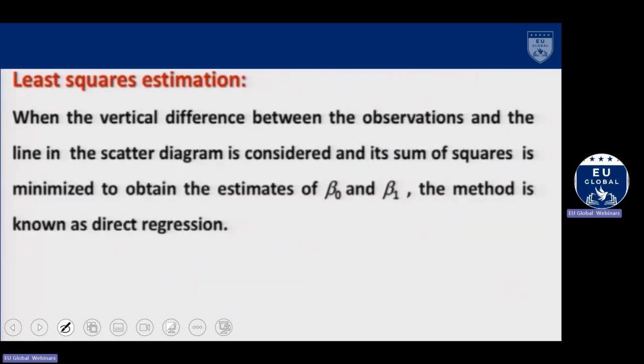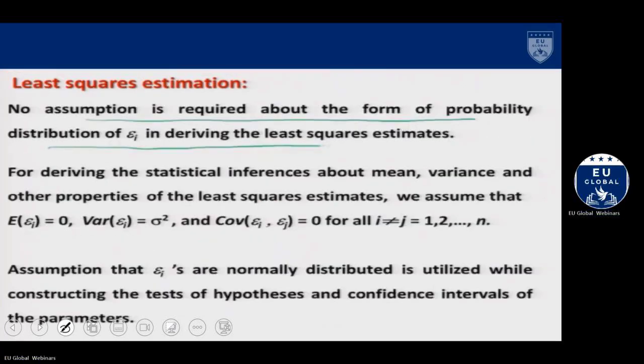So least square estimation considers the vertical difference between the observation and the line in the scatter diagram, and the sum of the squares is minimized to obtain the estimates of beta naught and beta 1. This method is also known as the direct regression method. Least square does not require a form of probability distribution of epsilon in deriving the least square estimate.